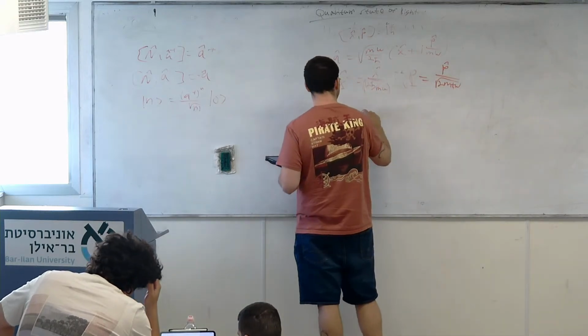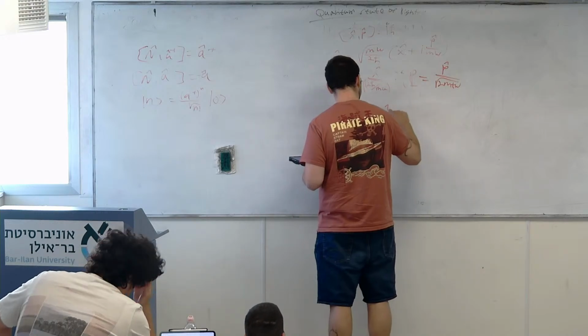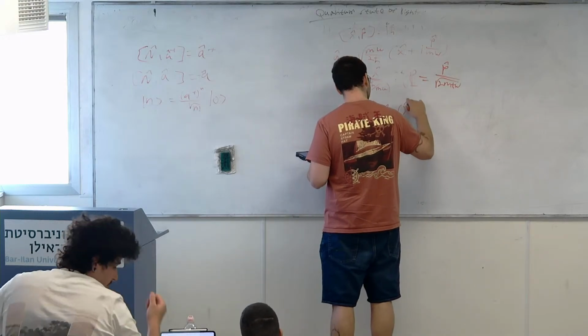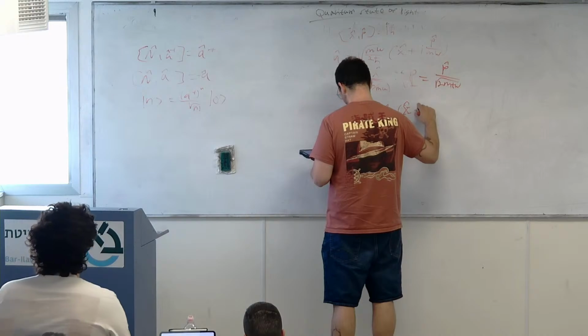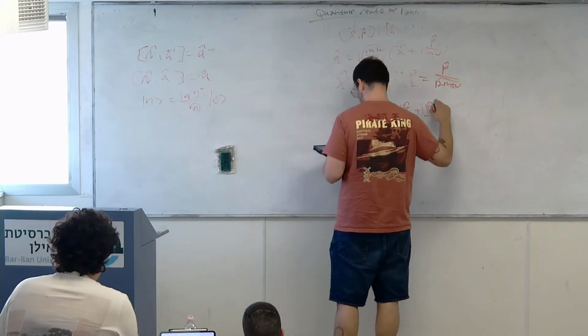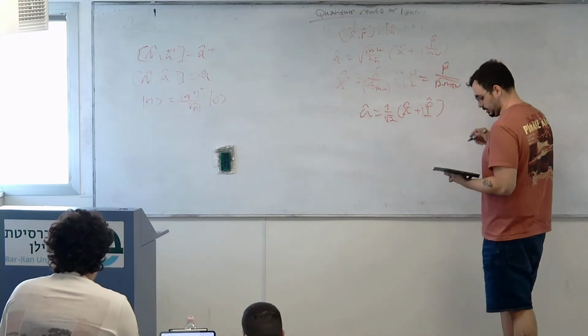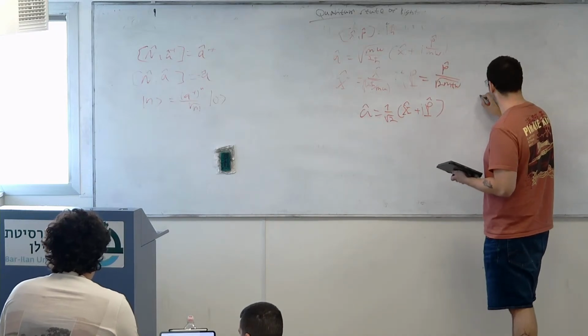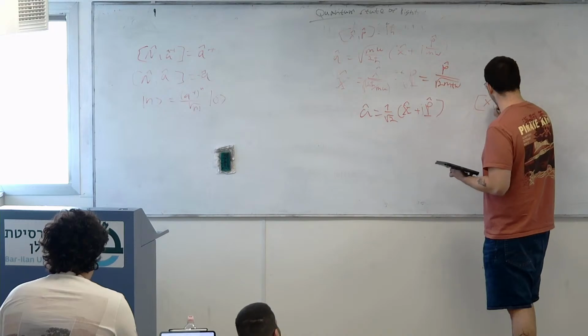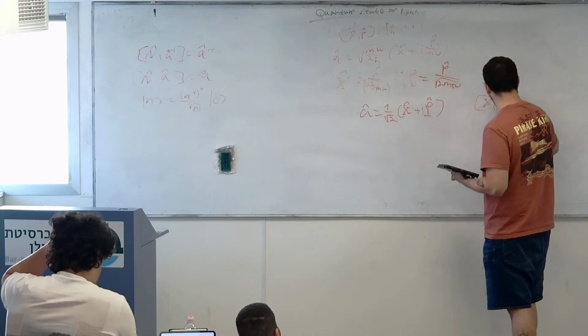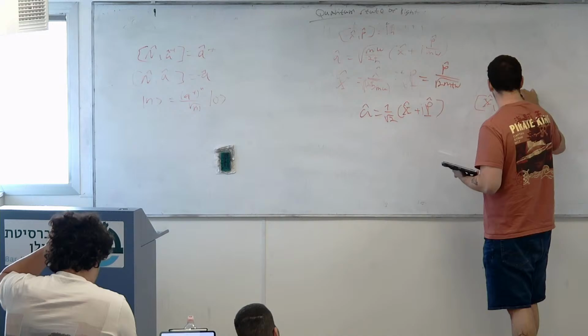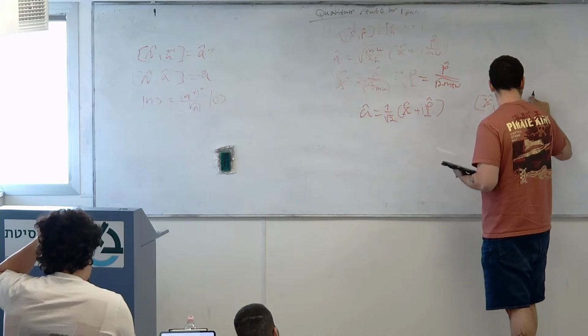With this one will be better, which will simply give us A equals 1 over square root of 2 times x plus i p. And this normalization will also be very nice in the commutation relation. We just turn it into i.